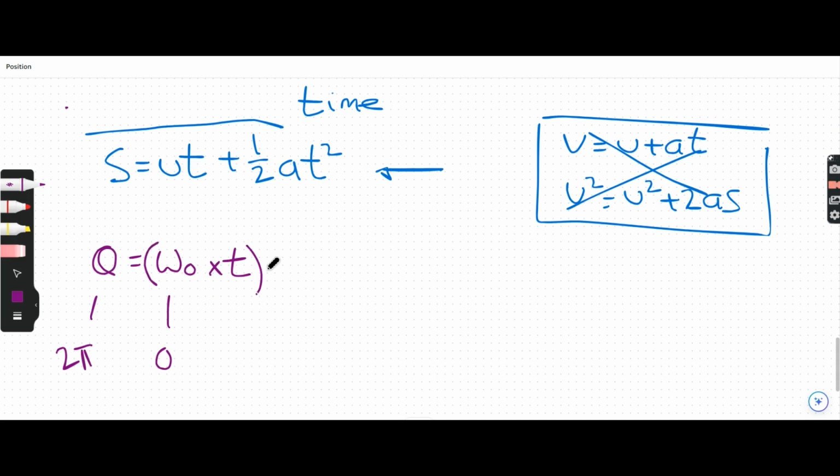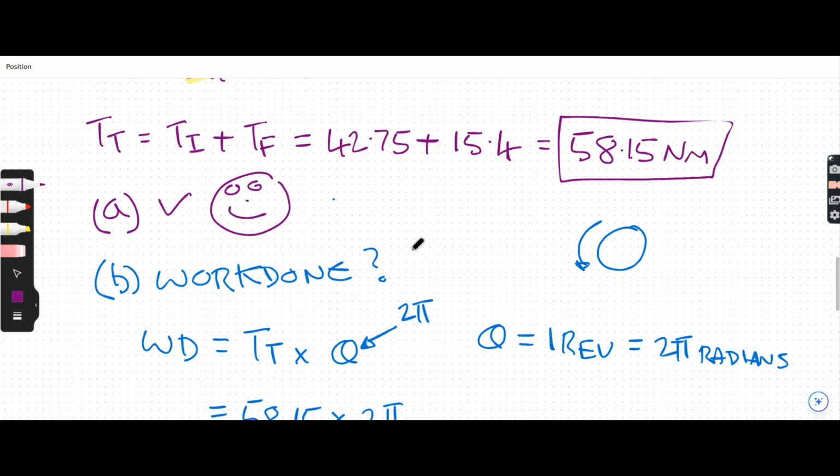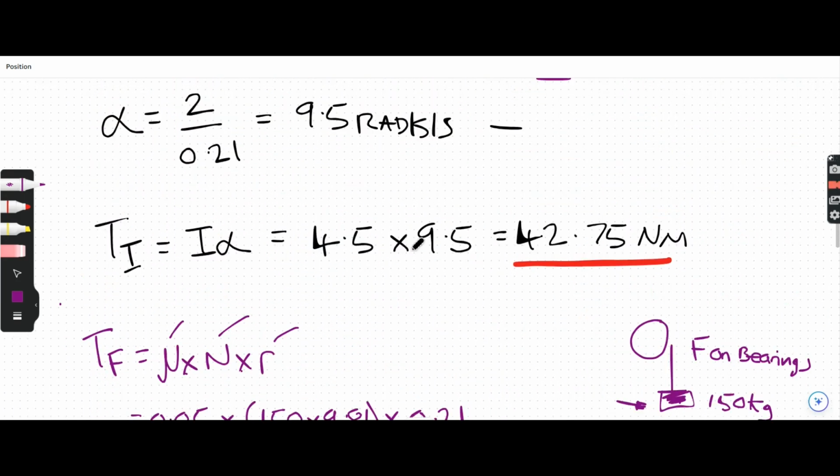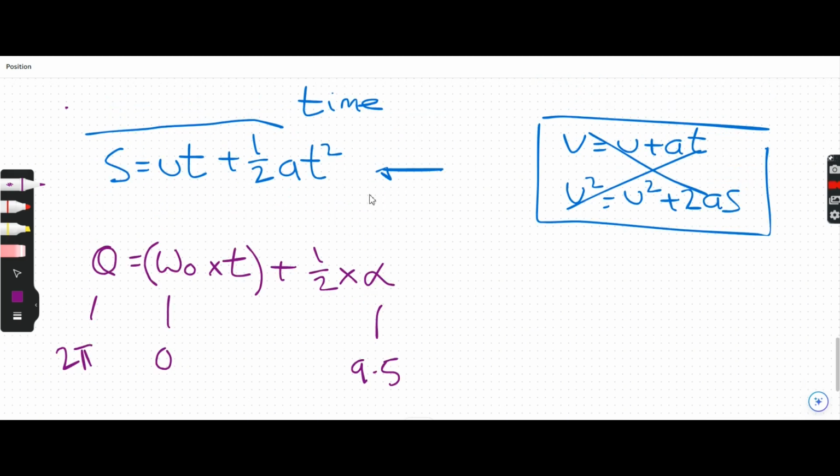Plus a half times the angular acceleration, which we know is up here somewhere. Mine's 9.5. Yours might be different. And then half times that times t squared.